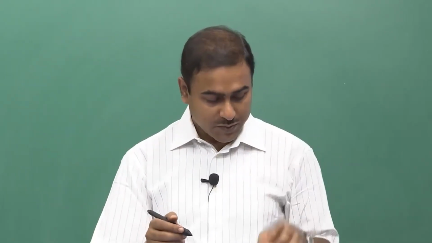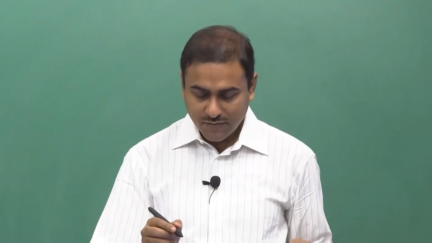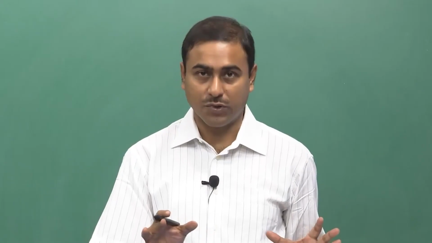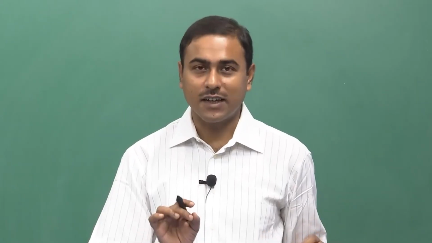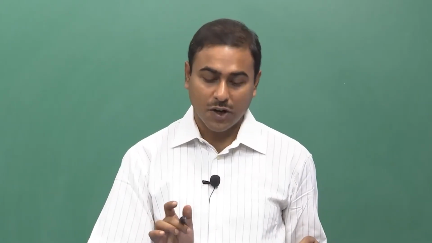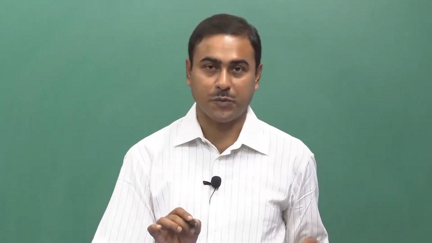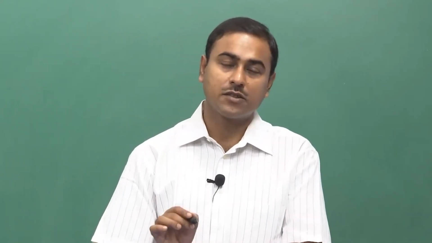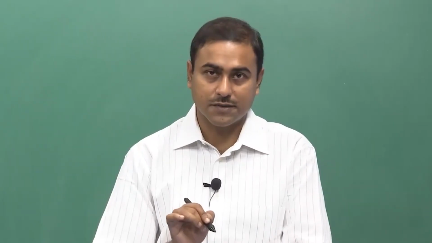So, let me proceed by telling you that both this donor and this acceptor are dipoles. In rare cases they are not dipoles. I mean that they have some permanent dipole moment. The same dipole moment I was talking about when we were discussing the solvatochromic effect on the fluorescence.